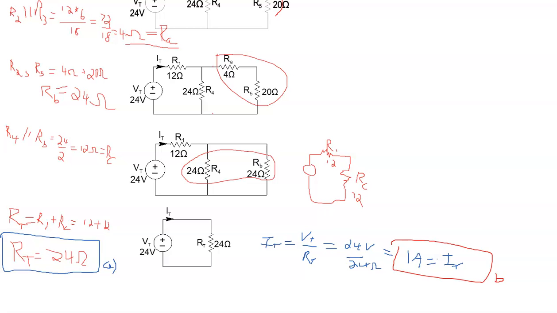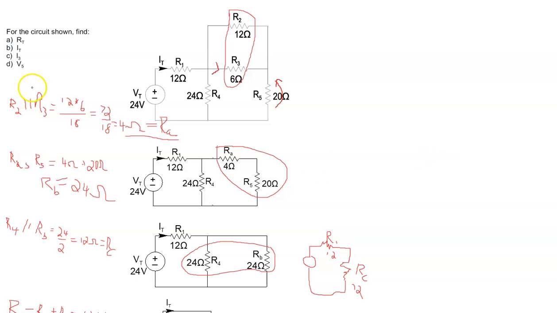Now next, concentrate on answering the other two parts of the question as we've been asked to do it, and that brings us then to I3 and V5. Okay, now I3 doesn't show up on this circuit, but V5 shows up here.